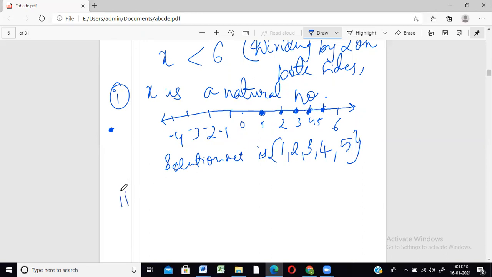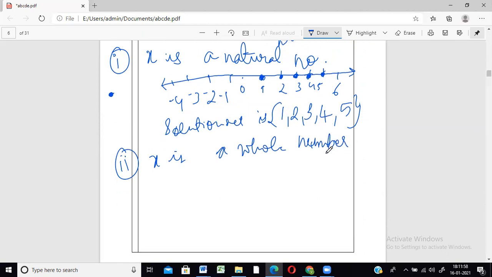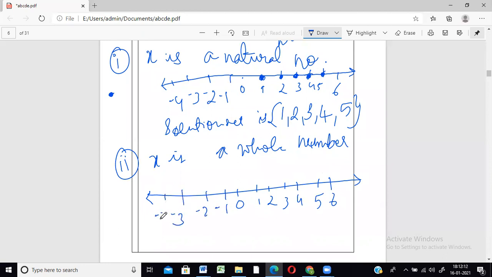Okay, the next one, when x is a whole number. In whole numbers, what did I tell you? It just starts from 0 and includes all the natural numbers. So now when you make that same number line, I have 0 over here, then 1, 2, 3, 4, 5, 6, and here we have -1, -2, -3, -4.